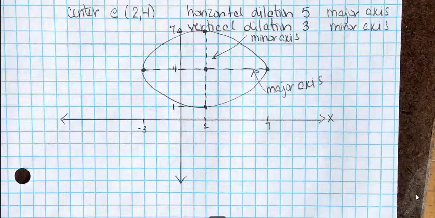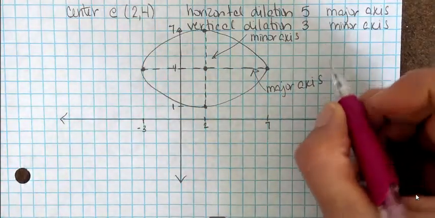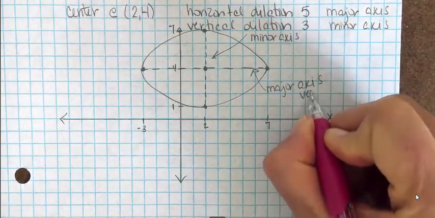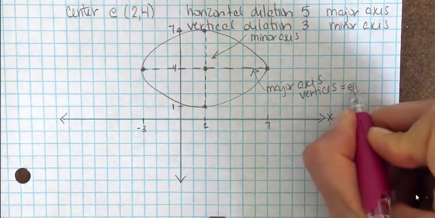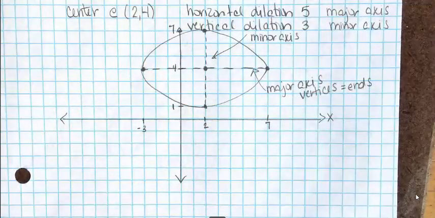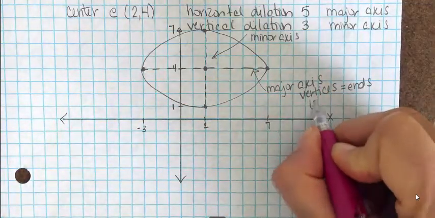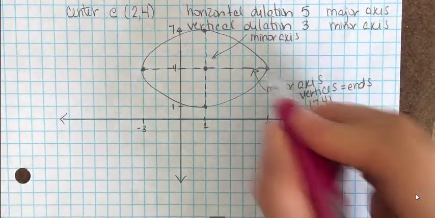We call the ends of these axes the vertices. So on the major axis, the vertices, which are really the ends, are going to be at (7, 4), which is this one right here.